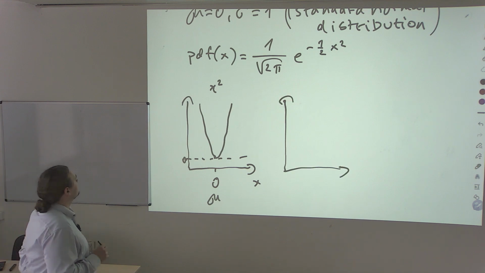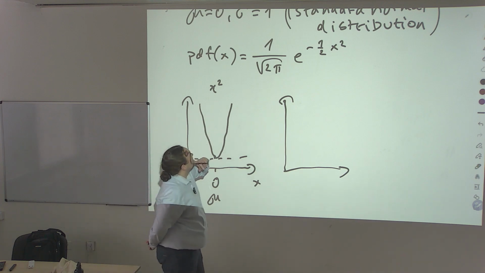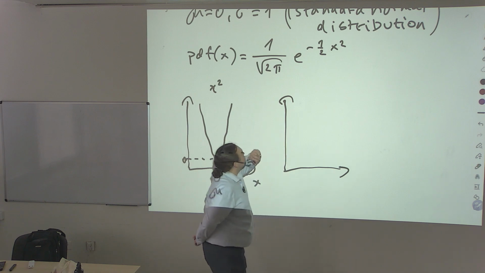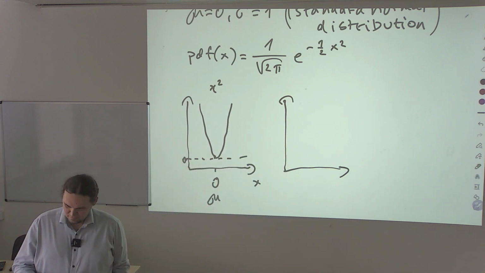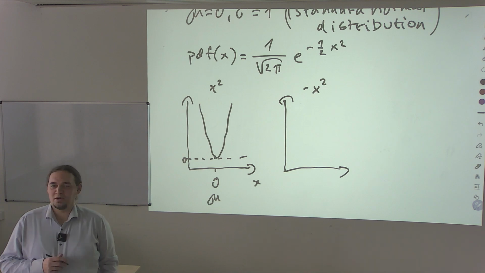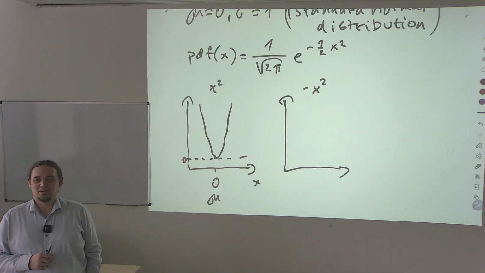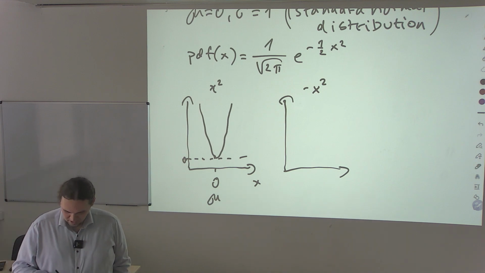So what would happen now if we make this function negative? So minus x squared, what would change? How would the picture look like? It's concave. Yeah, it's concave, exactly.